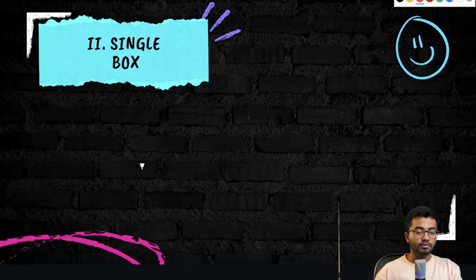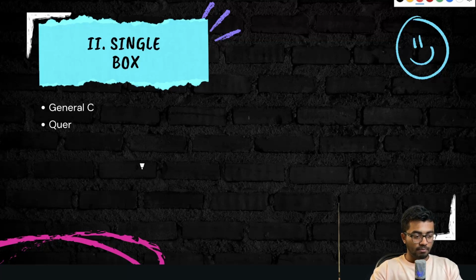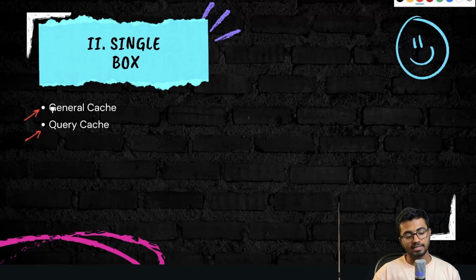The primary thing: Memcache deployed in a single box. What are the requirements for a single box, why they need it in the first place, and how did they go from there? If you think about it, Memcache is an in-memory hash table, which they used for two different purposes: one is a general cache, and the other is a query cache. So what exactly is the general cache?